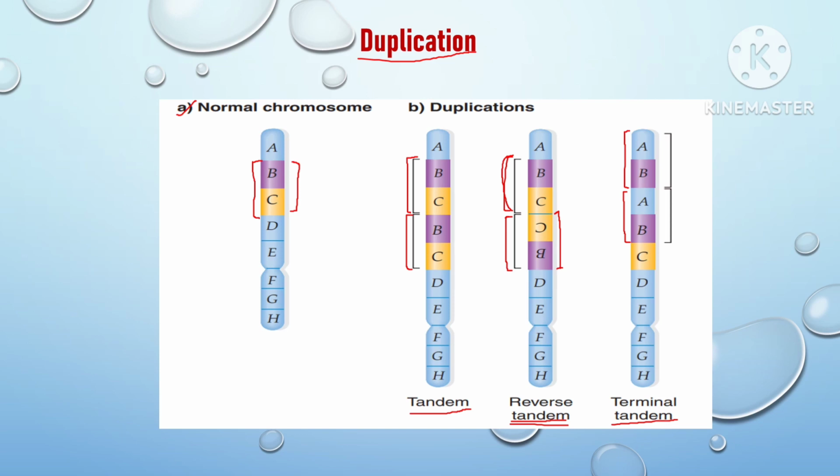Terminal tandem is nothing but doubling of a segment from the terminal side of a chromosome. I hope you all can understand it.